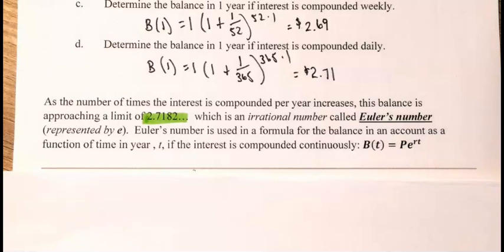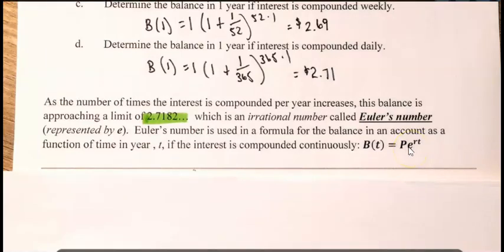Euler's number is used in a formula for a balance of a bank account that is compounded continuously. And that means it's not just compounded once a week or once a month or even once an hour. It's actually being compounded all the time. And in that formula, this e represents that number, Euler's number.